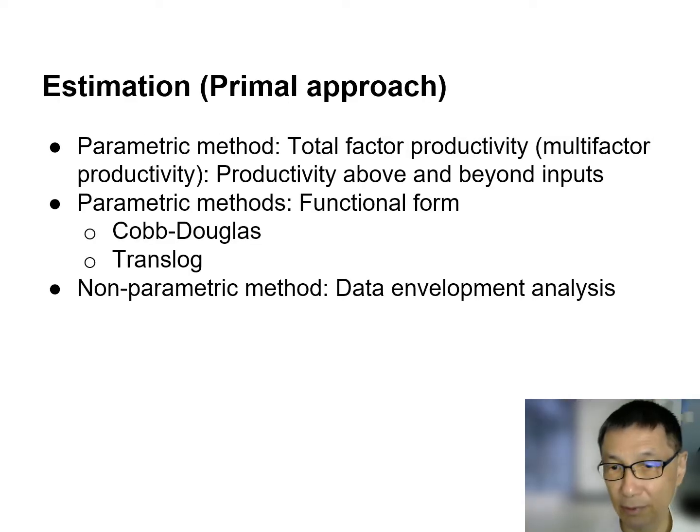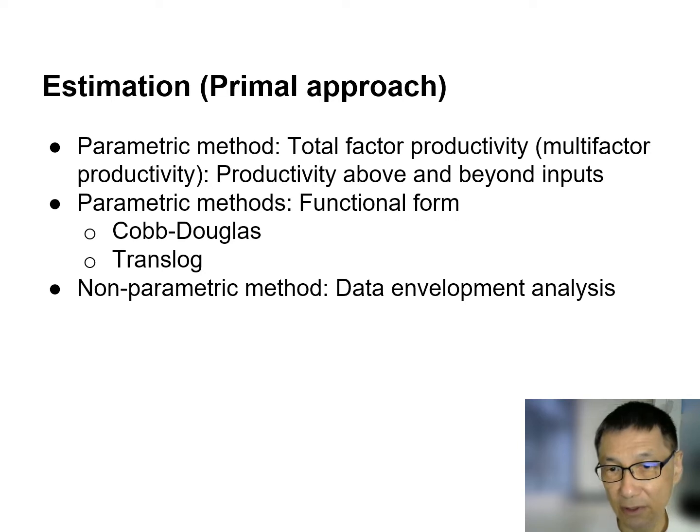In the primal approach to estimating total factor productivity, there are broadly two sets of methods. One is parametric methods. They depend on specific assumptions about a functional form relationship between the inputs and the output. The two most common functional forms are the Cobb-Douglas and the translog.